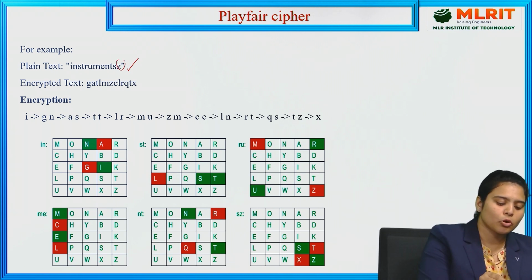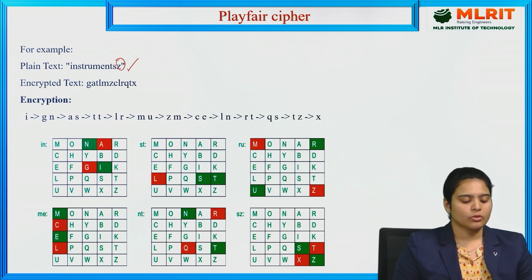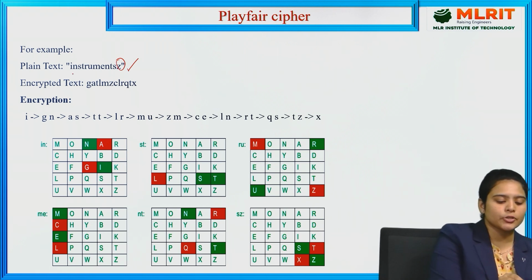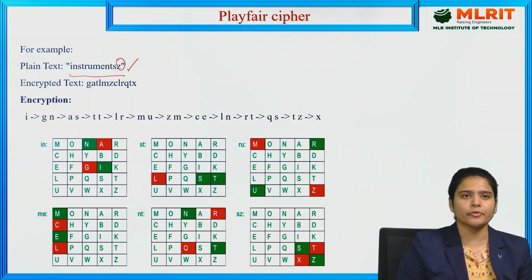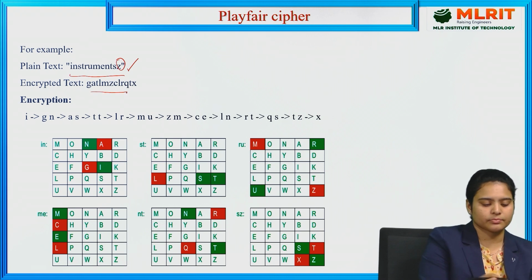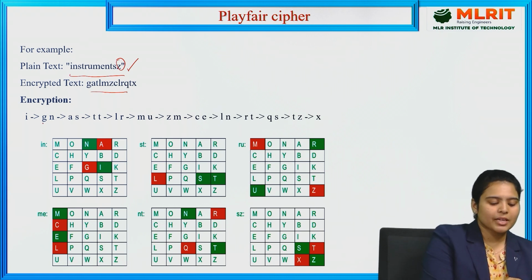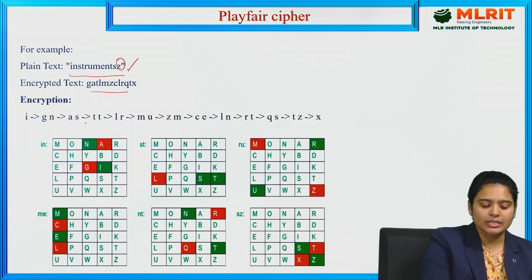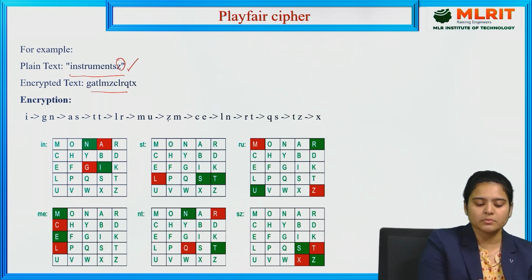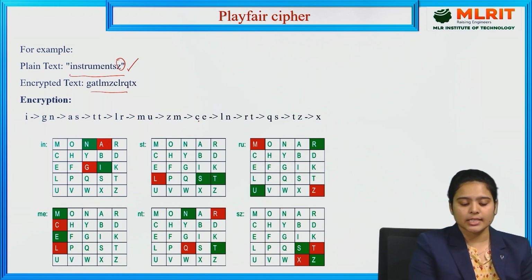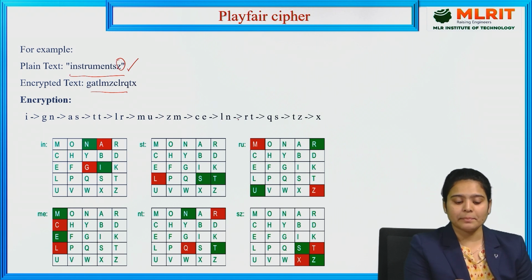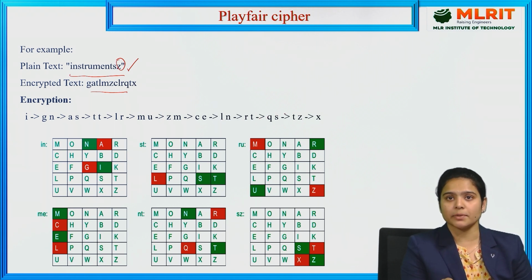The encrypted text is: I becomes G, N becomes A, S becomes T, T becomes L, R becomes M, U becomes Z, M becomes C, E becomes L, N becomes R, T becomes Q, S becomes T, and Z becomes X.